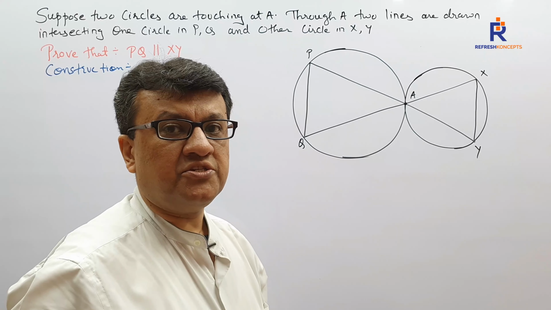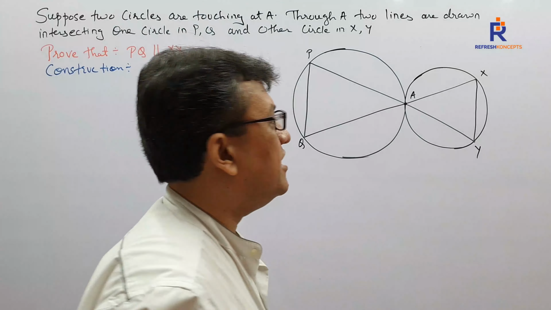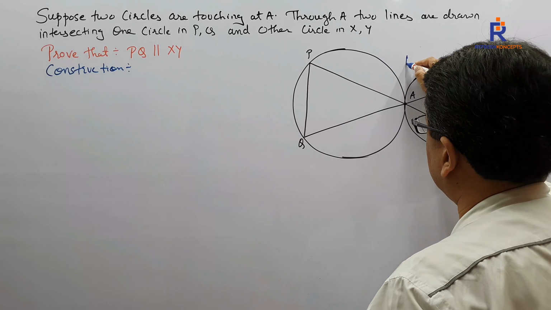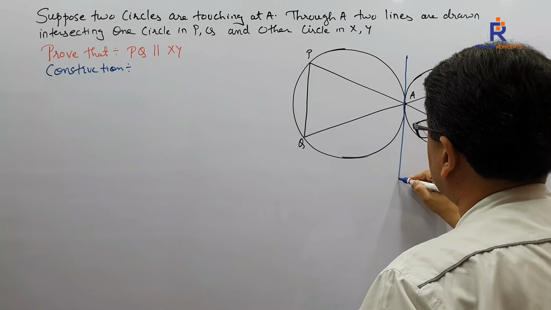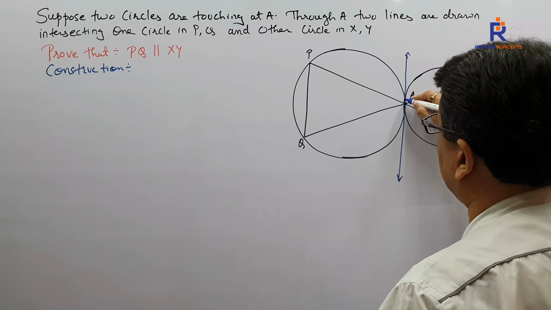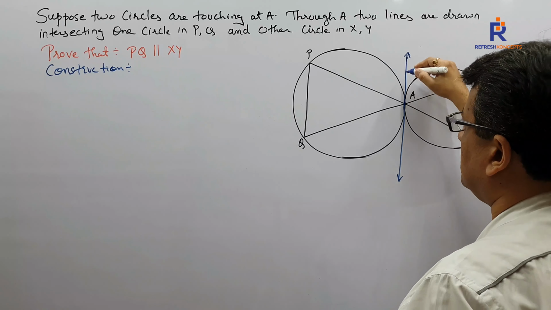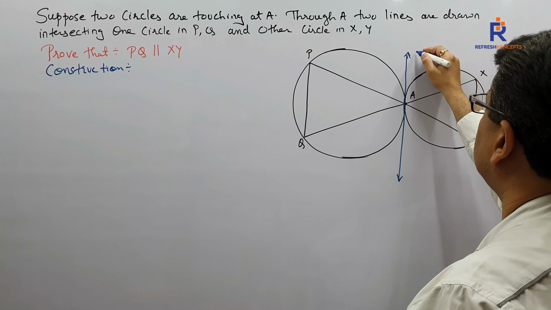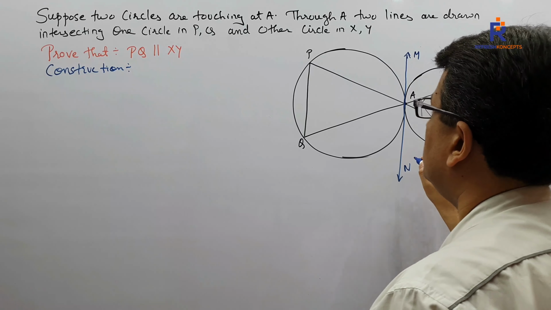Draw a common tangent to both the circles passing through A. So let's draw a common tangent which is passing through A. I know it has not become that accurate, but please understand this is a common tangent passing through A, common to both the circles. Let me call it MN.